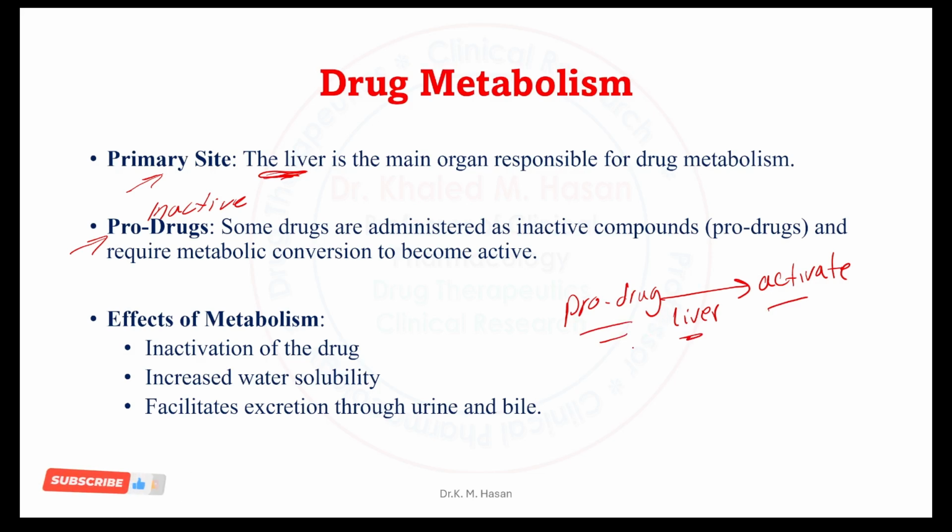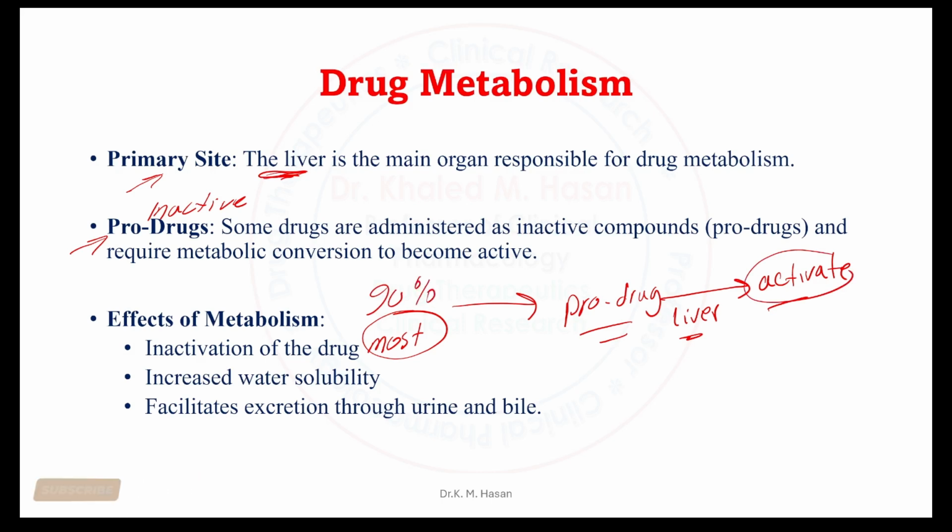So what is the normal result of metabolism? Most commonly, the inactivation of the medication occurs. Sometimes we have cases of activation. So, let me say, 90% inactivate the medication, 10% activate the medication.